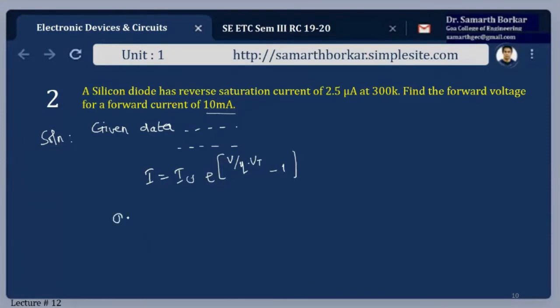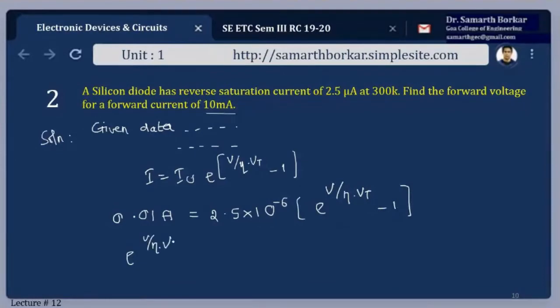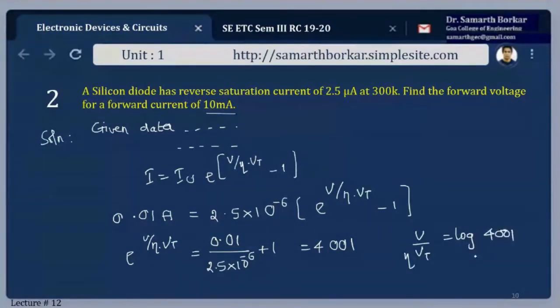So 0.01 ampere equals 2.5 into 10 to the power minus 6 times e raised to V by n V_T minus 1. So e raised to V by n V_T equals 0.01 divided by 2.5 into 10 to the power minus 6, plus 1, which equals 4001. Fine. V by n V_T equals log of 4001.